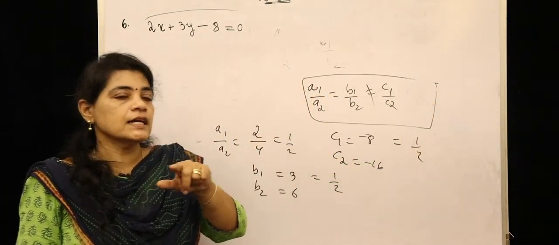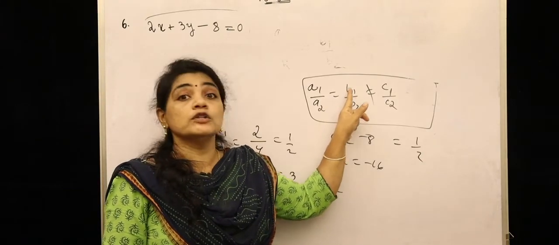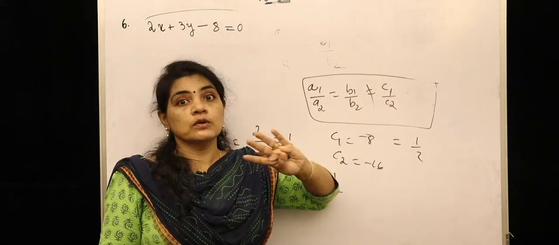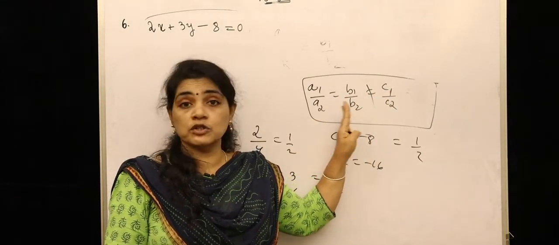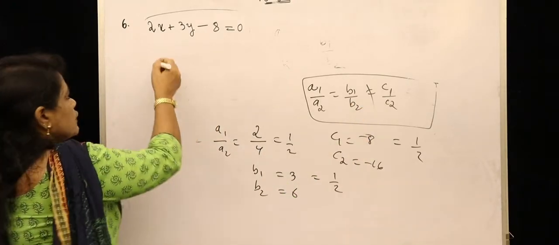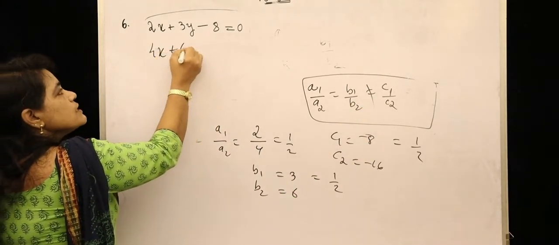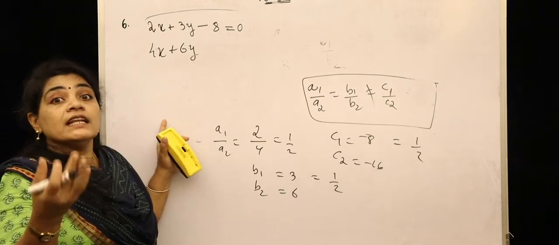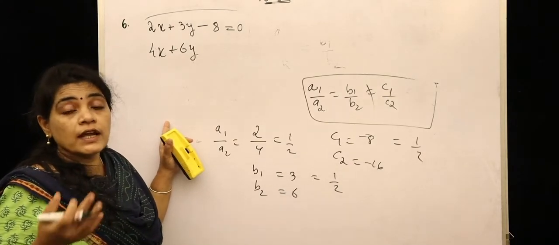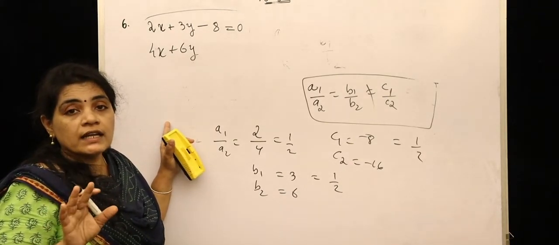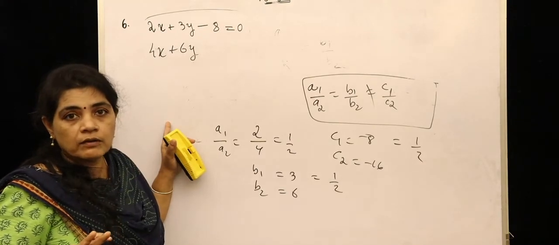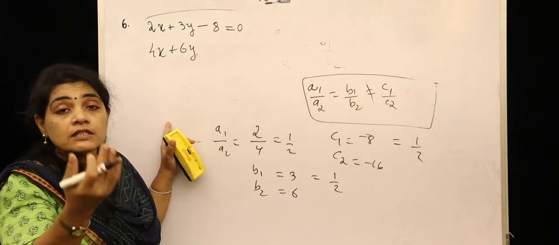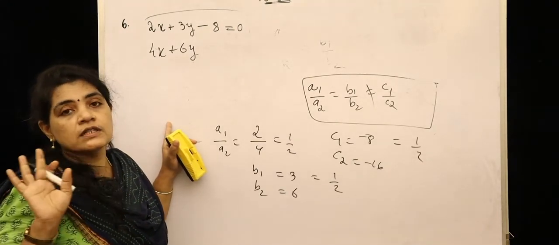One condition must be satisfied: A1 by A2 equals B1 by B2. There is no compromise on these first two ratios. So I am writing here 4x + 6y. You can write any values for A2 and B2, but the only condition is A1 by A2 equals B1 by B2, and that must not be equal to C1 by C2.